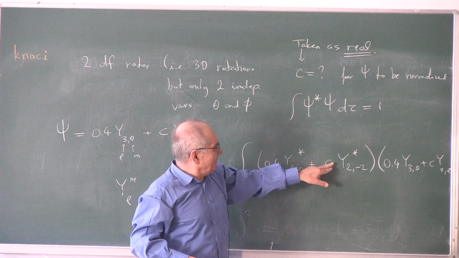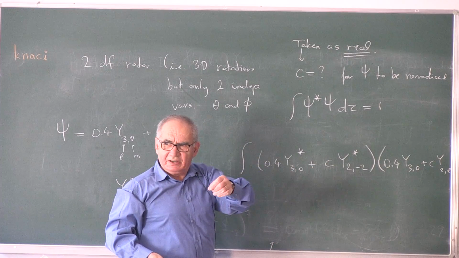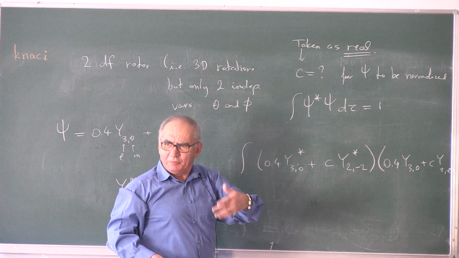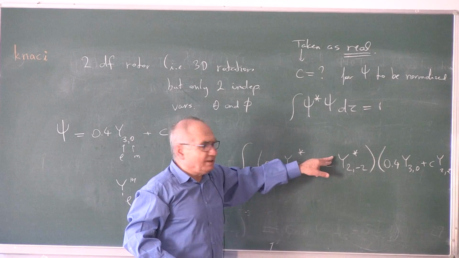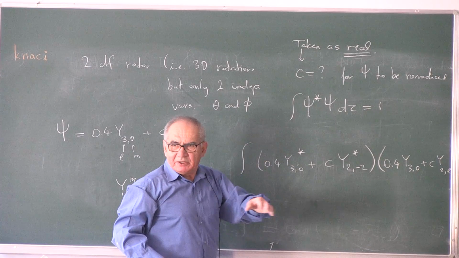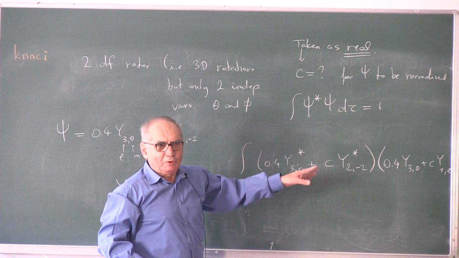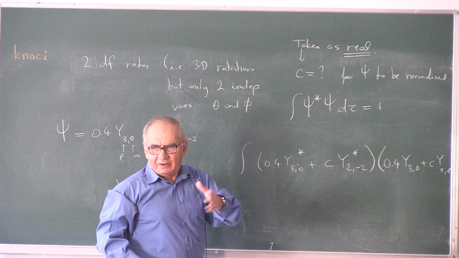Otherwise, if I assume C to be a general number, then it could be complex valued. In that case, it was necessary to write C star here. But for simplicity, I'm going to assume C to be a real number.